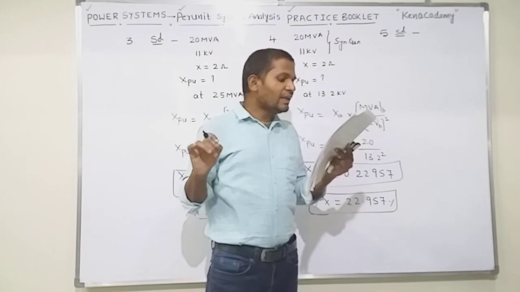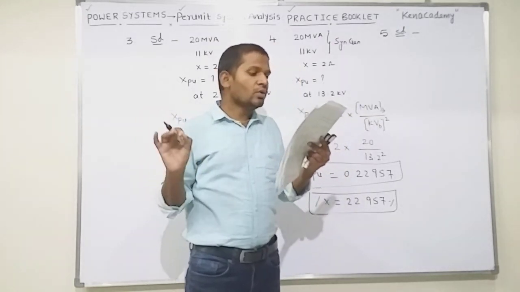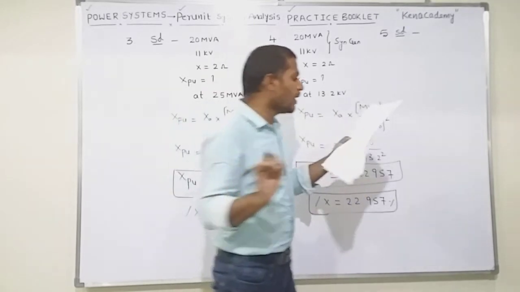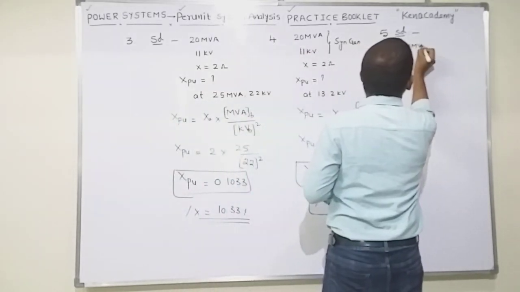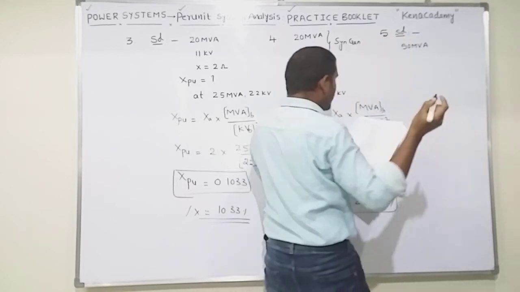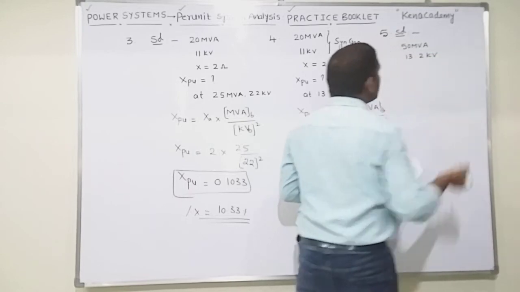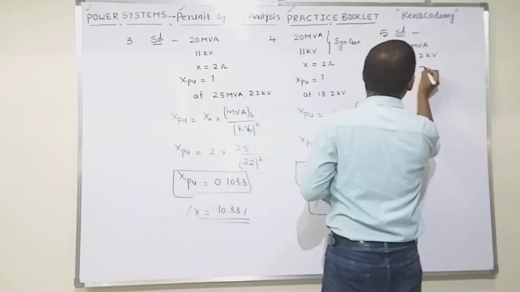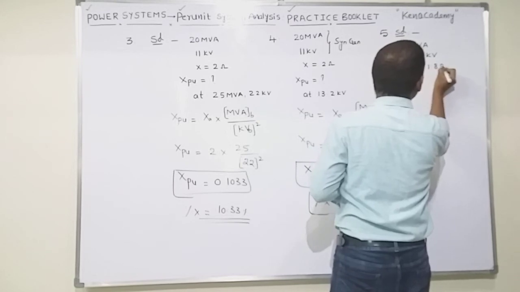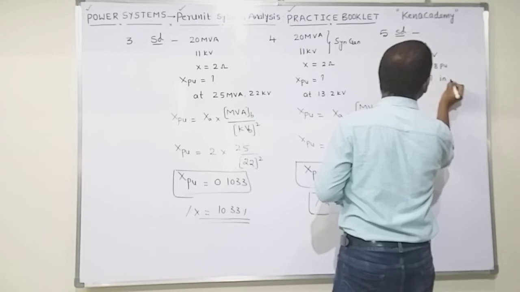A 50 MVA, 13.2 kV synchronous generator whose reactance is 1.8 per unit. What is the voltage rating given? 13.2 kV. Then what is the X value in ohms?